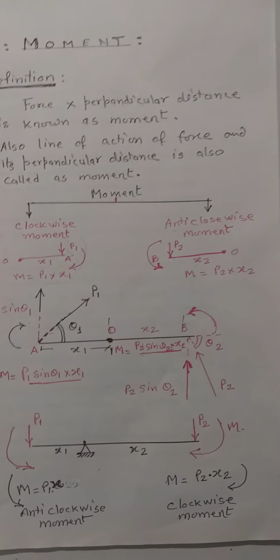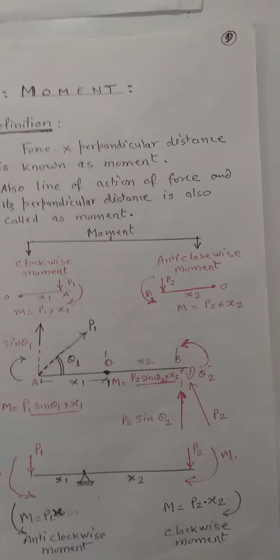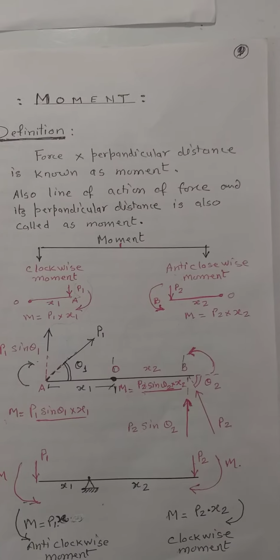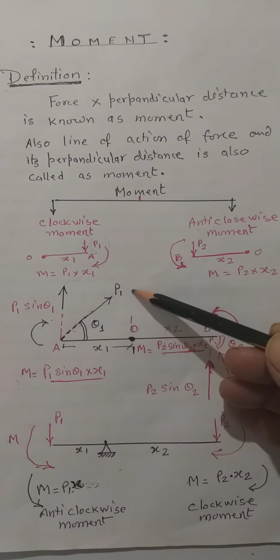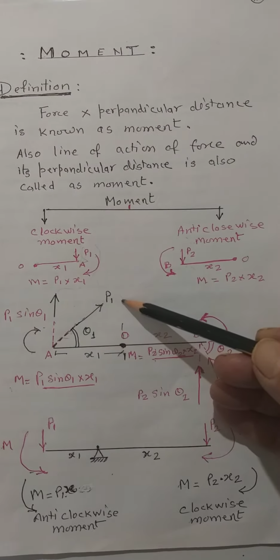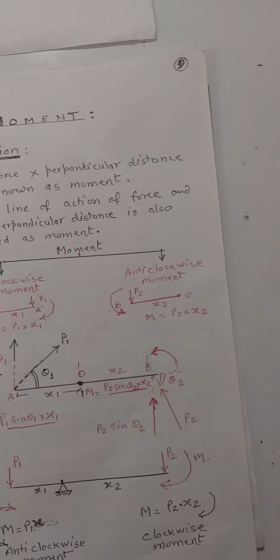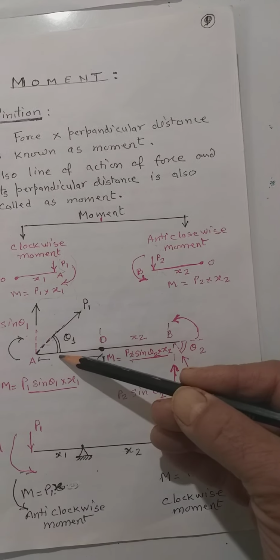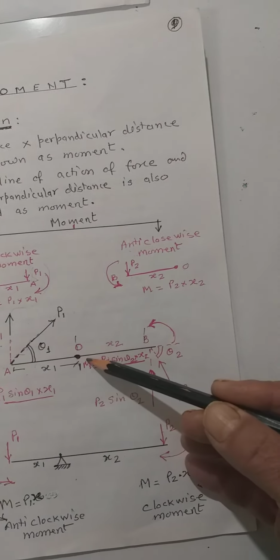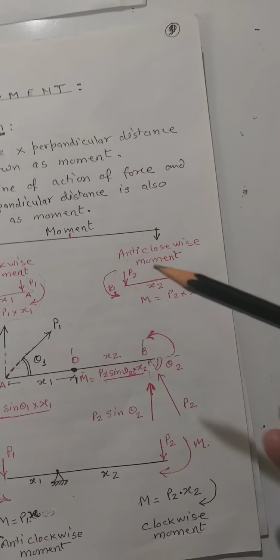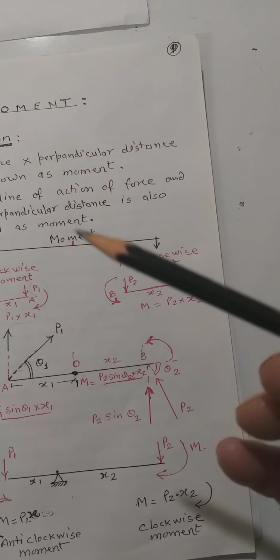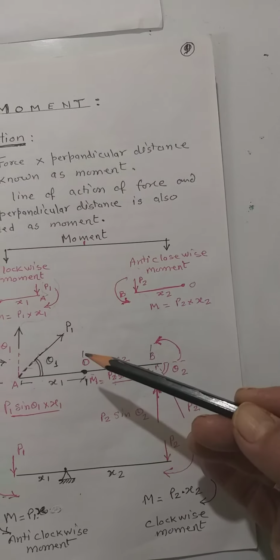Now I want to find the effect of this force over this point, which is at a distance of x1, but it is an inclined force making an angle theta with this line. Our definition is that the force must have a perpendicular distance.